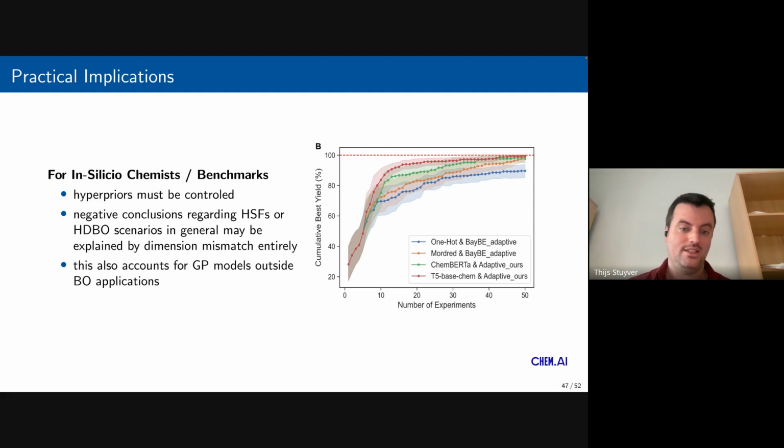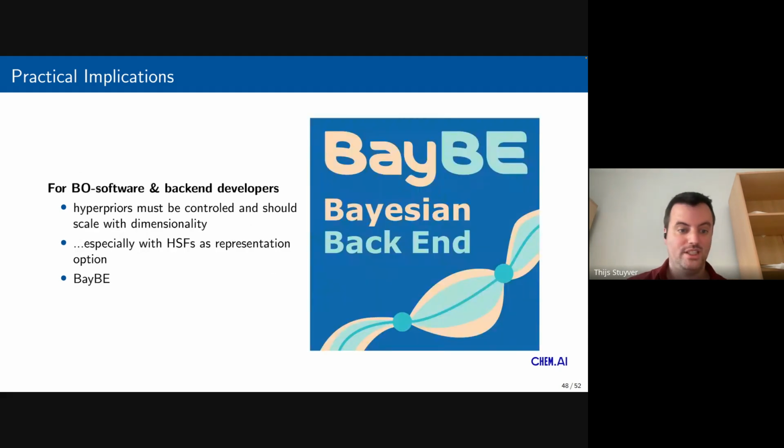Yeah, so I think actually the main takeaway is that we would advise experimentalists to really start exploiting these hidden space featurizations, and particularly this T5 Basecamp seems to work really well in combination with our hyperprior.